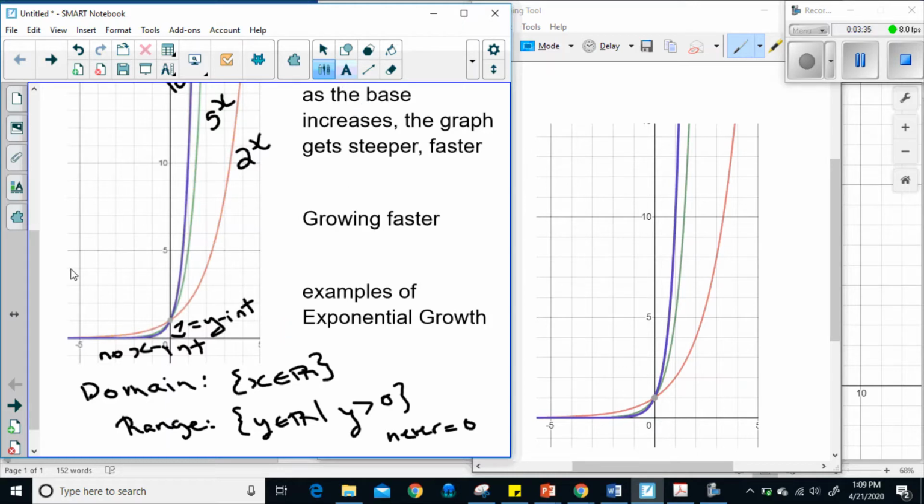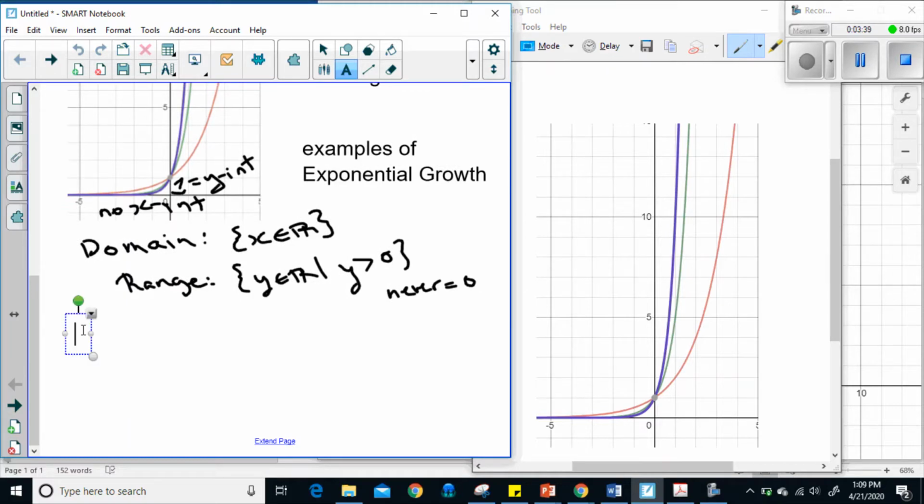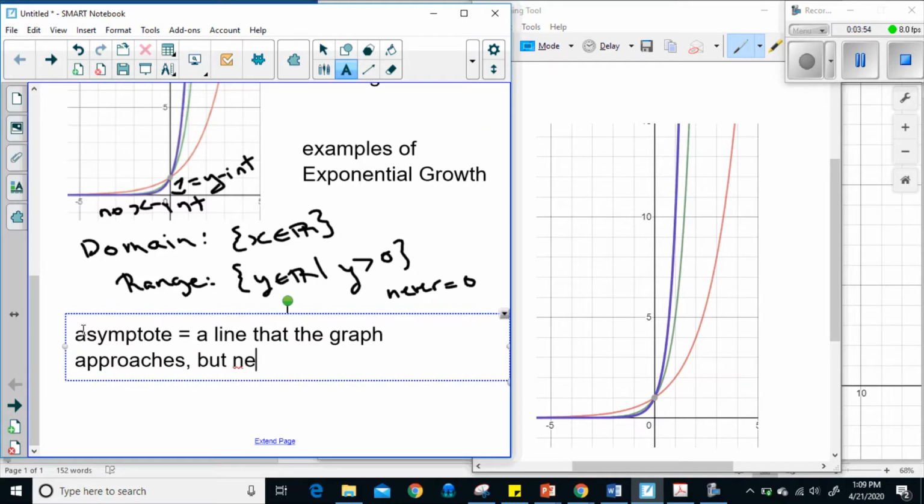Okay, so an asymptote is a funny looking word. Asymptote equals a line that the graph approaches but never touches or crosses.